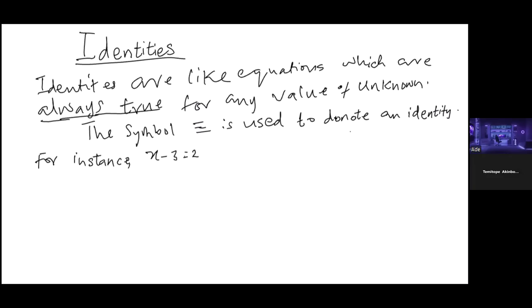Do you understand that now? Look at the definition. Identities are like equations which are always true for any value of unknown. So x minus 3 will be 2 only when x is what? 5. Do you understand that now? So x minus 3 equals 2 will only be true when x equals 5.